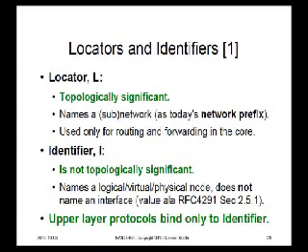You can have the locator value change on the fly, i.e. mobility, but the identifier that's bound to an endpoint connection doesn't change, so you maintain the integrity of the end-to-end connection. Okay, so we're trying to separate out the layers, so a change at one layer doesn't impact the layers higher up.